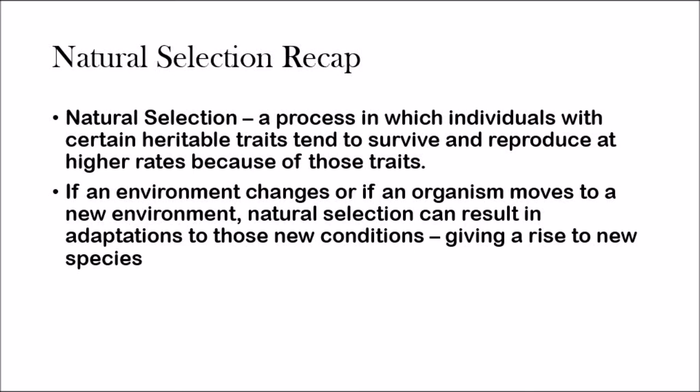Okay, and if an environment changes, or if an organism moves to a new environment, natural selection can result in adaptations to those new changes, giving rise to new species.